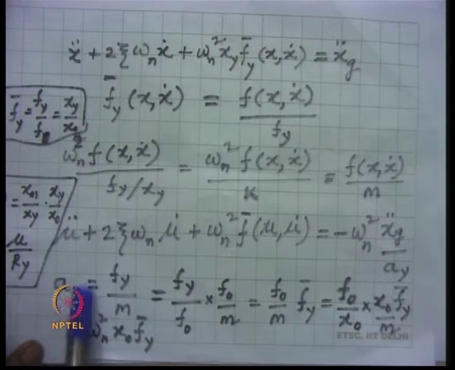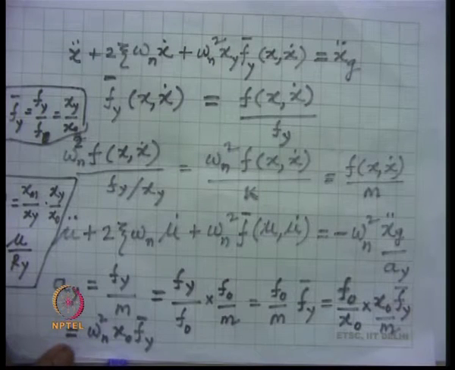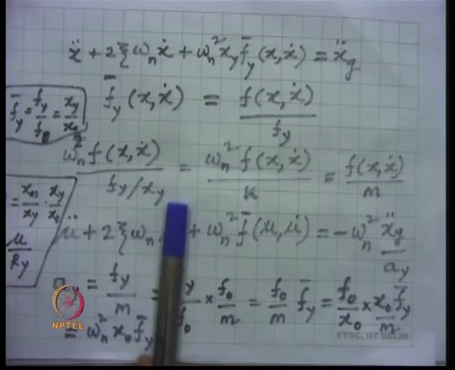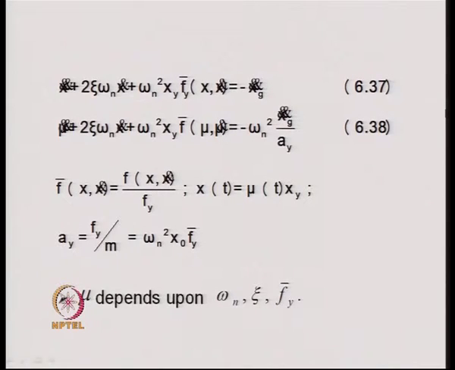So, a y can be written as omega n square x 0 multiplied by f bar y. So, that is what is shown here, that is a y is equal to omega n square x 0 f bar y. So, this is equation 6.38, which is written in terms of the ductility as a variable.